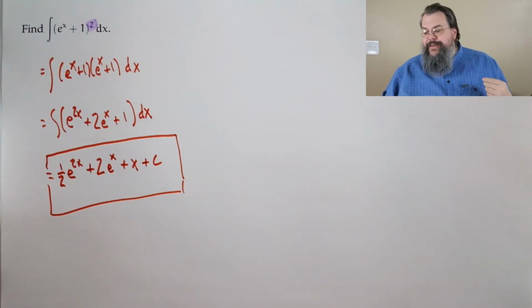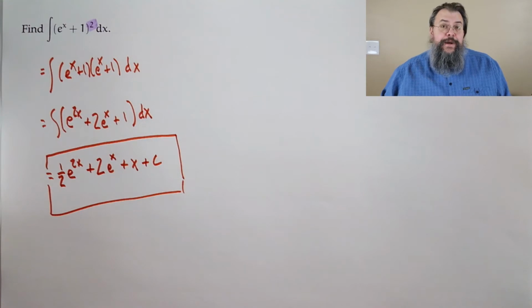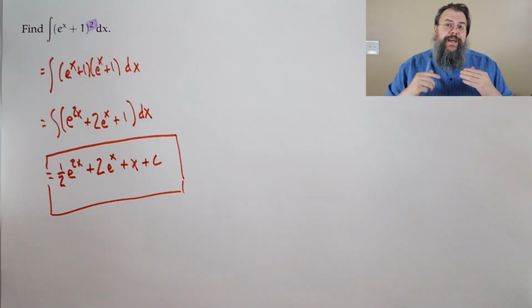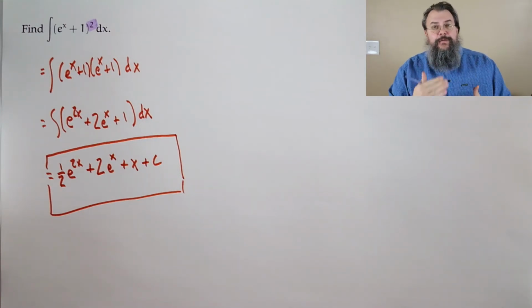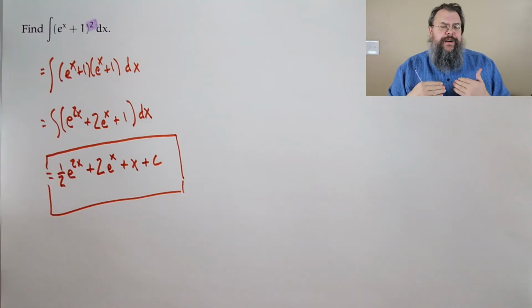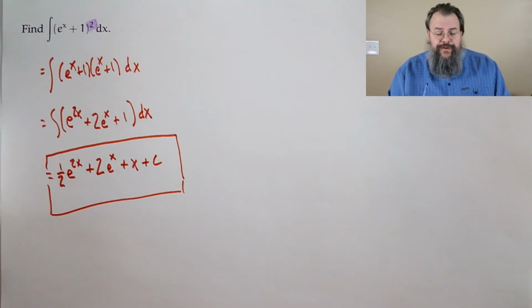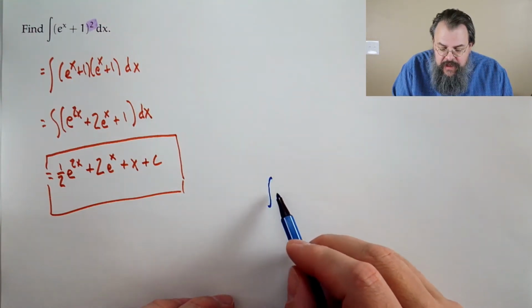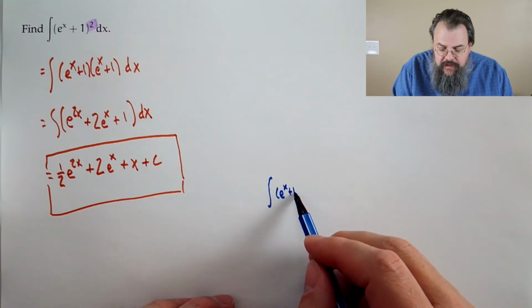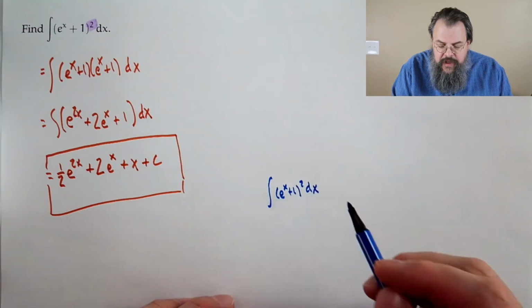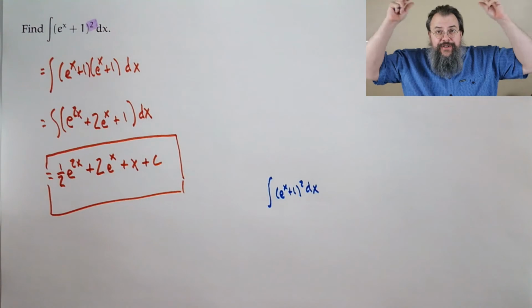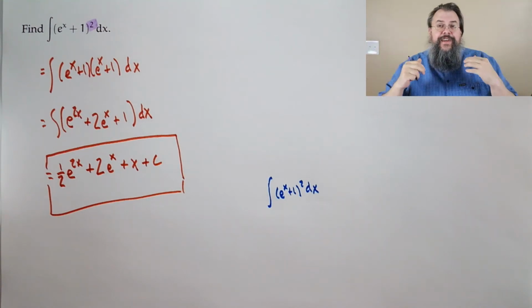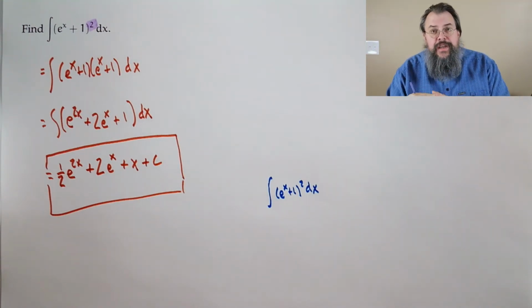Let's talk about what the integral isn't. Because I think it's important to recognize at the start something that doesn't work. But a lot of people are kind of like, why not? So what are we tempted to do? Well, one of the things that often happens is we look at problems like this and we think of it, oh, what if I put on my chain rule hat, right? Because I see the e to the x plus 1 inside the function being squared.